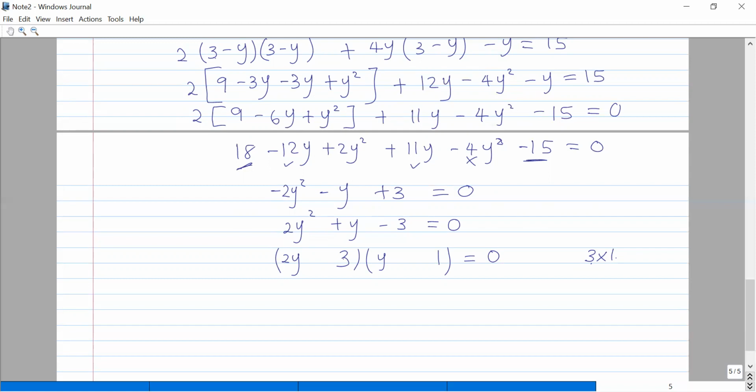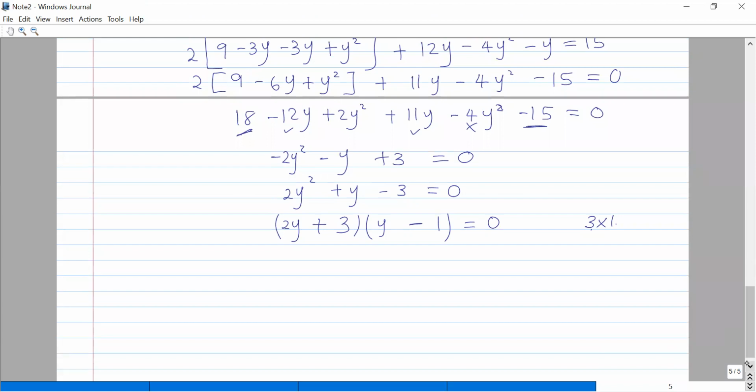As for signs, this one would be positive and this one would be negative. These are our factors. You can even check: these two will give us 2y squared, this and this is minus 2y, this and this is 3y. When we add them, we get a positive y. Then these two, when we multiply them, give us a minus 3. So we do get what we started from.